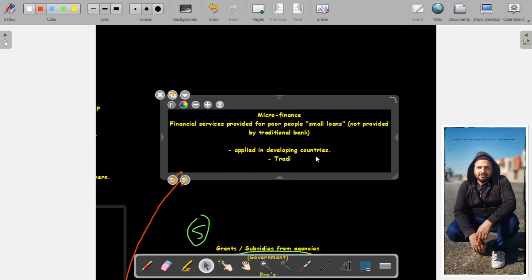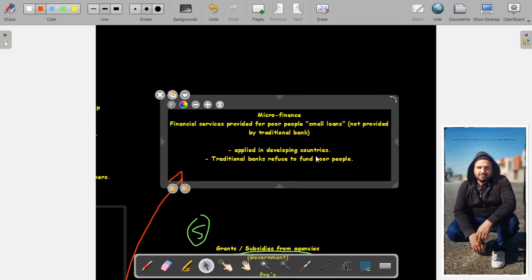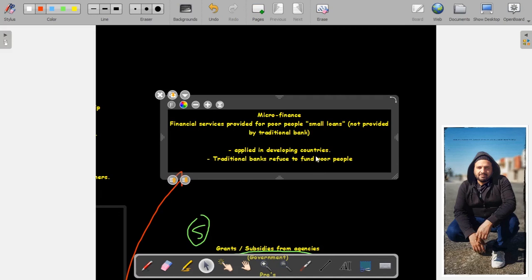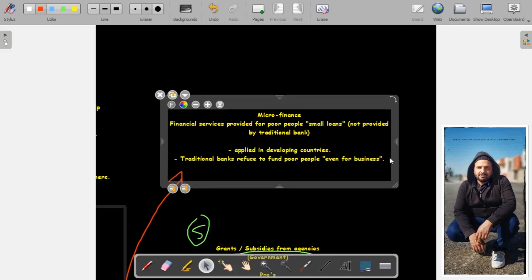Traditional banks refuse to fund poor people, even for business. It's not that they don't want to give the money because people are begging for it. Even if these poor people are trying to make a business with it, they will refuse to give them the money because, as I said, their business is going to be very small.